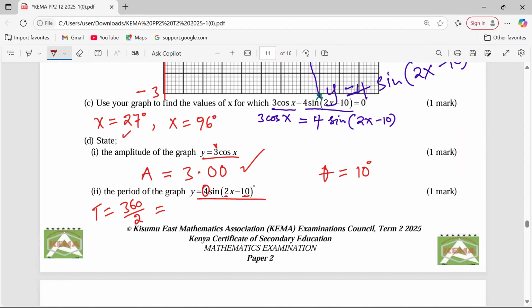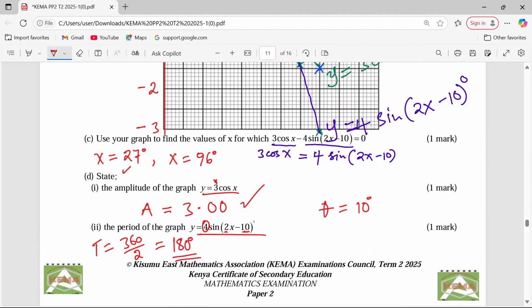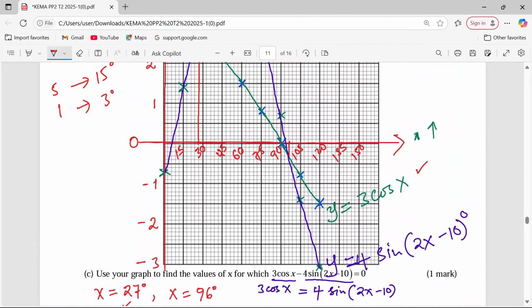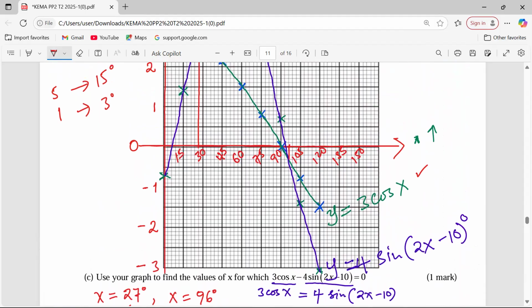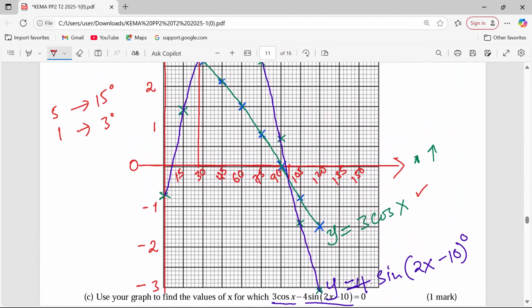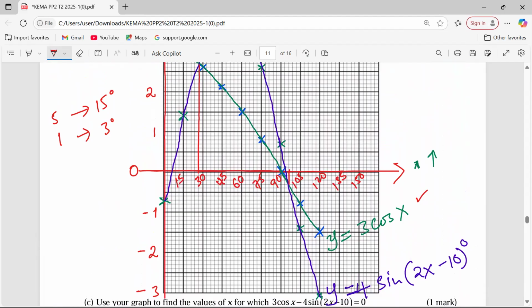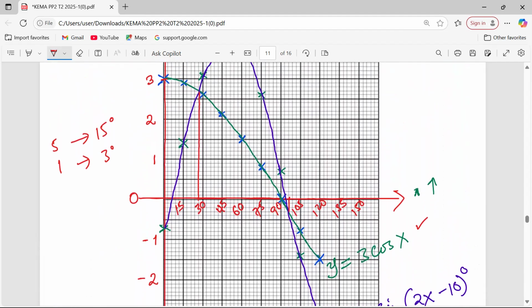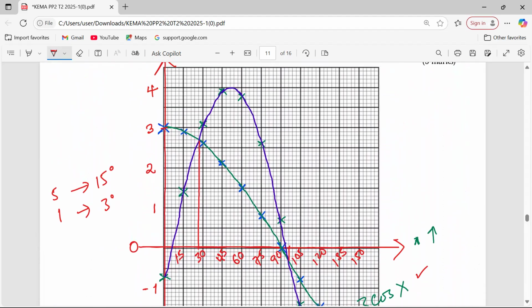So for this case, we are having 2, so the period is 180. Very good interpretation.